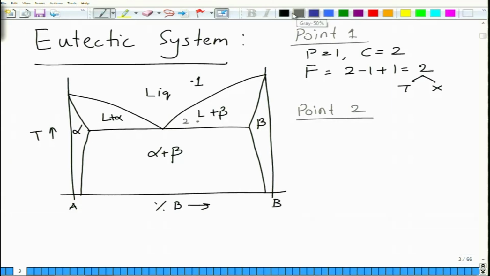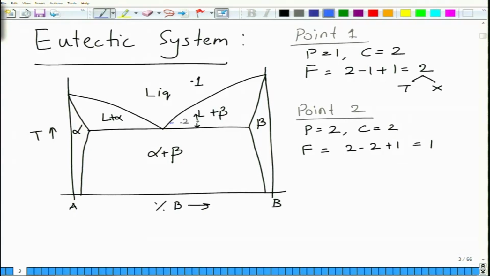Now, when you go to point 2, which is here, this is similar to what we did earlier. Now we have P equal to 2, C equal to 2, and F becomes 2 minus 2 plus 1, that is 1. So you have only 1 degree of freedom, whether you change composition or temperature. When you change the temperature, for instance, you go here or here, the composition is automatically fixed.